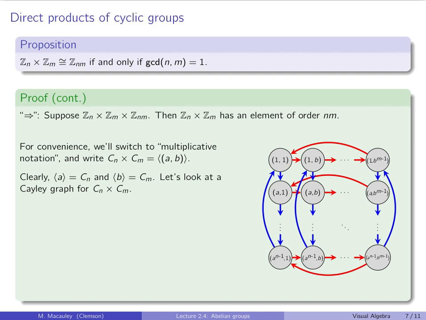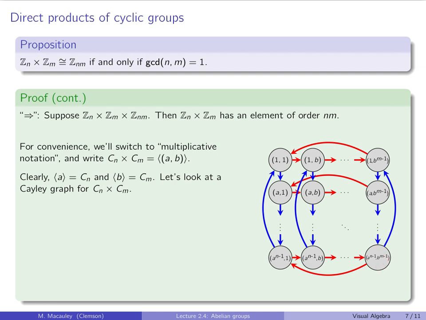And for convenience, we're going to switch to multiplicative notation and write Cn cross Cm. And let's let that element of order nm be (a, b). And the reason why I'm writing things multiplicatively is because that's the only way I can fit this element down here in this circle.